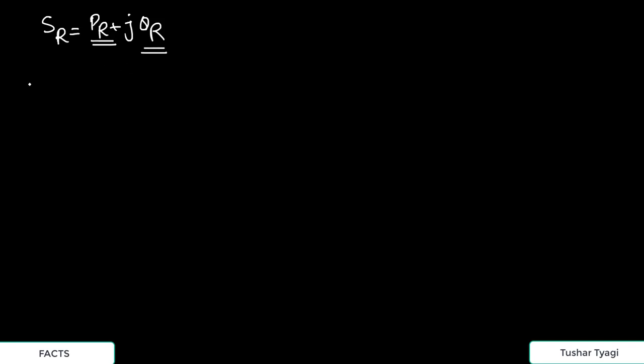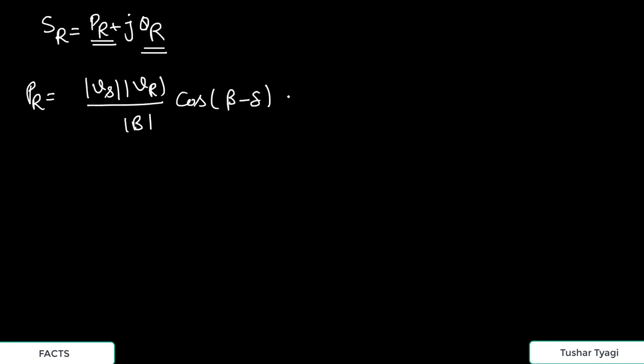So PR will be Vs Vr divided by mode of B cos beta minus delta, minus mode of A divided by mode of B into Vr square cos beta minus alpha.